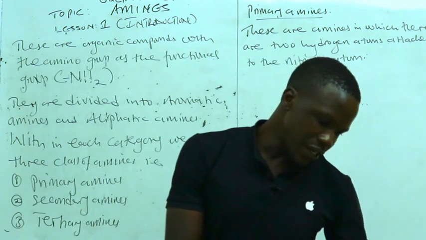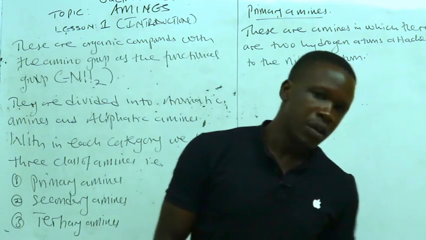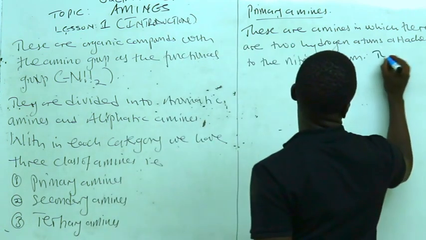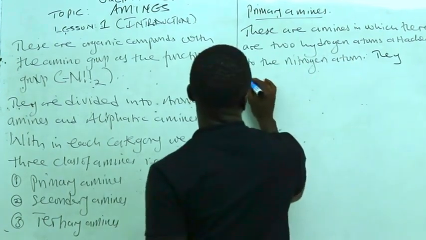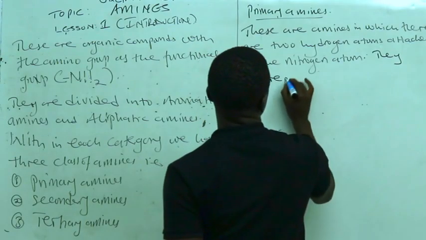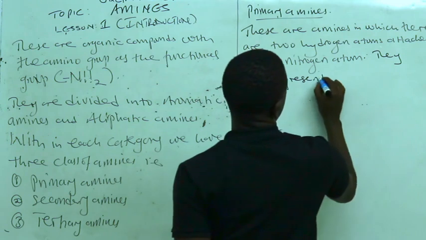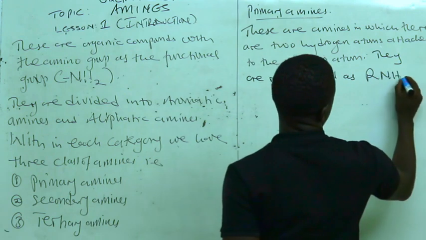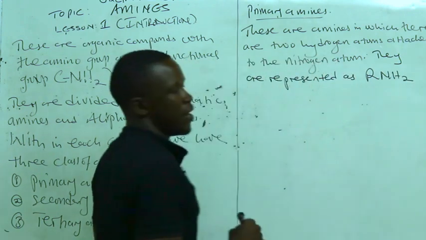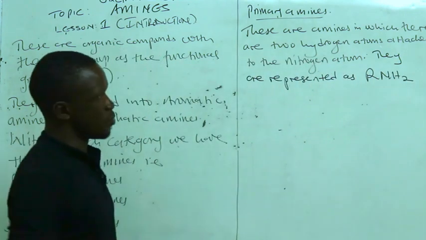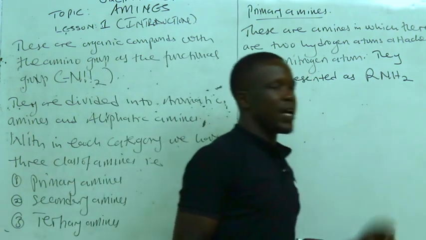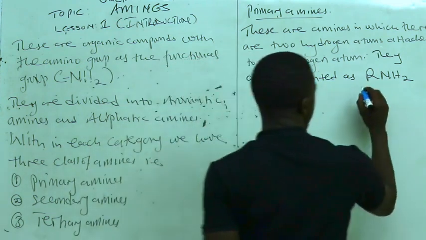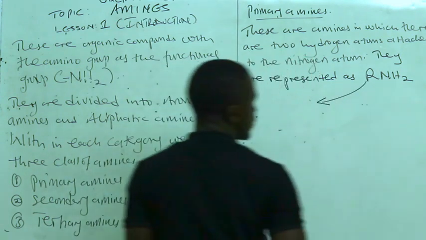Now, in that case, we can give an example. They are represented by RNH2. So the nitrogen atom has 2 hydrogen atoms. And in that case, they would have the general formula.